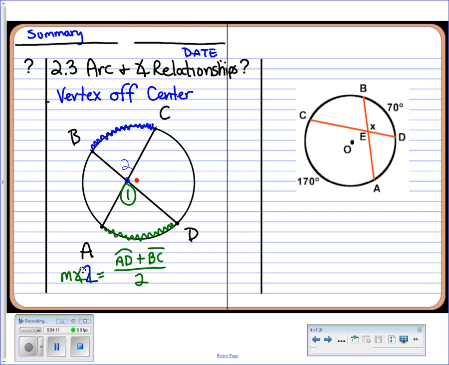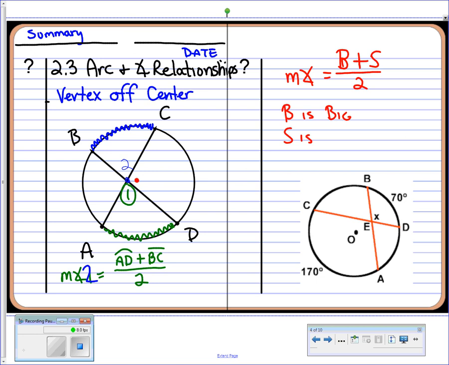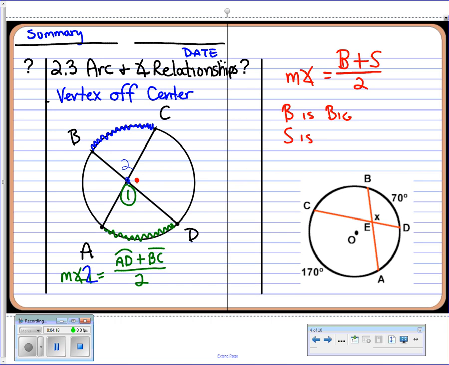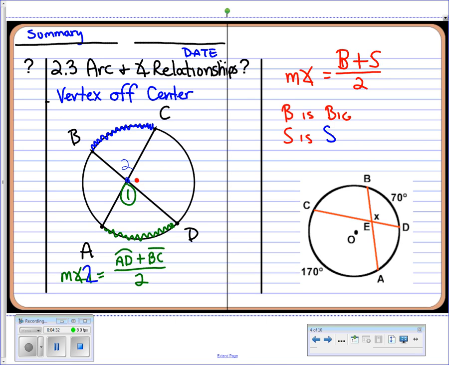Now I'm going to come up with a set of words that I think are helpful to remember this relationship. So the relationship over here on the right hand side is that the measure of the angle is equal to the big plus the, what do you think? I hope that you can come up with the word small, right?